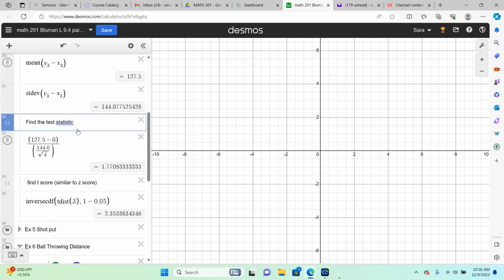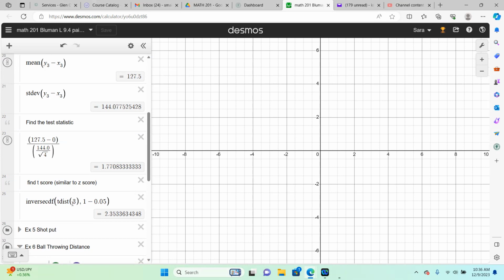So this is the test statistic. So I took the mean and subtracted what we think it is, which would be 0, all divided by the standard deviation divided by the square root of n. So my test statistic is 1.77, and we're going to go to the Desmos program, and then we'll validate that that's true.